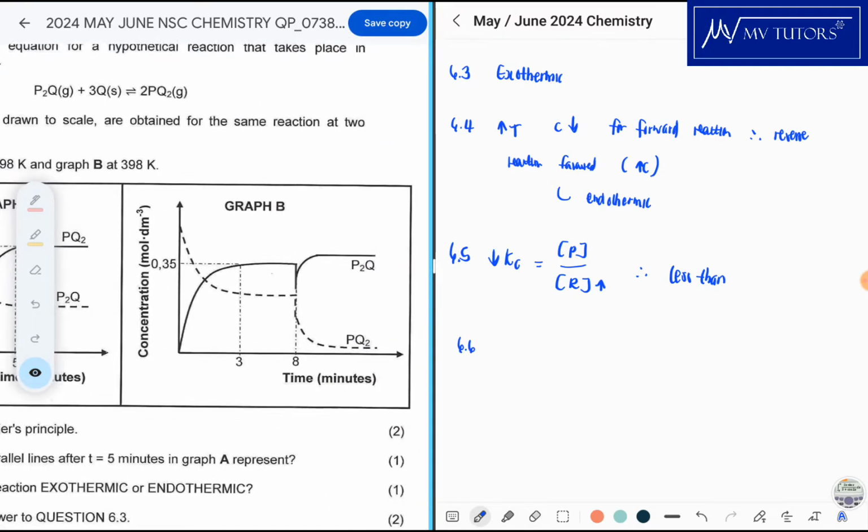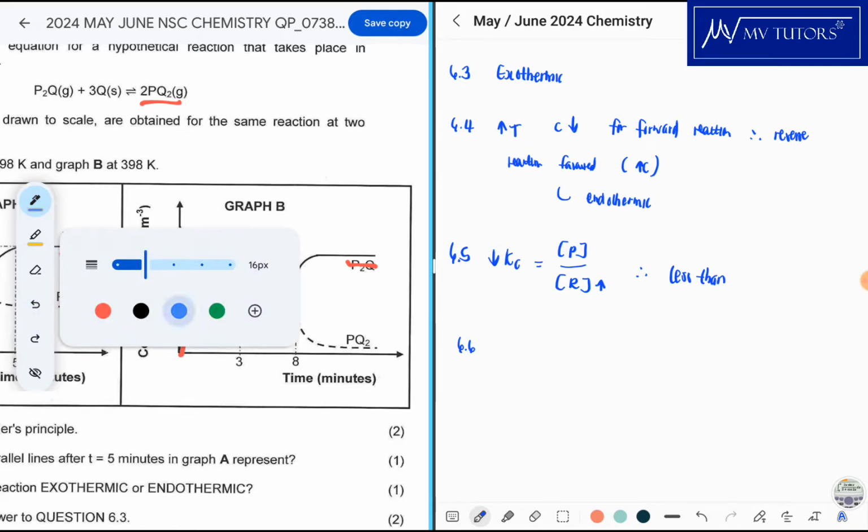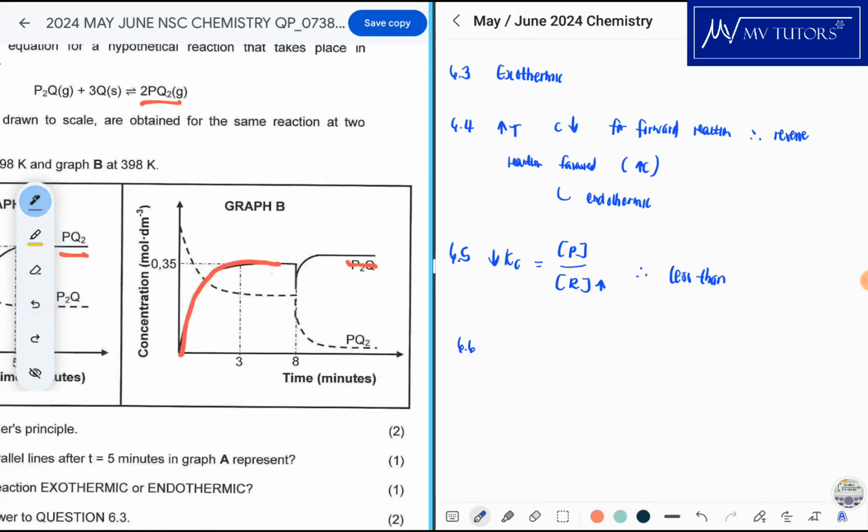Now for graph B, this is again the product, but I think they've made a mistake here. Let me use a different colored pen with a smaller thickness. The product should actually be PQ2, and here would be our reactant, which decreases with time.